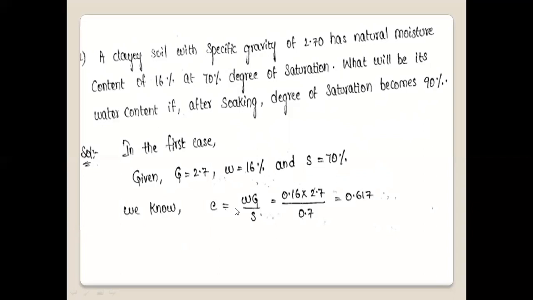We know e equal to W G divided by S. It is the formula. So 0.16, W is the water content in percent, converted into value 0.16, into the specific gravity 2.7, divided by the degree of saturation 70 percent, means 0.7, equal to 0.617. It is the e value.